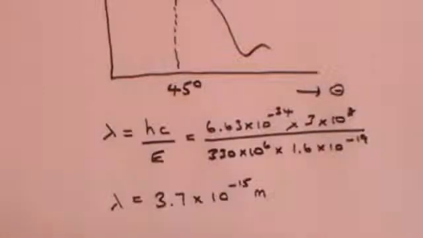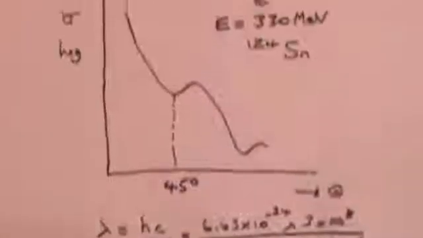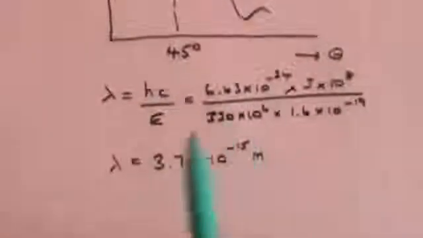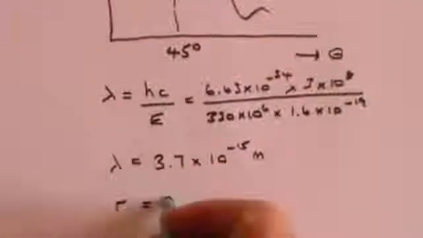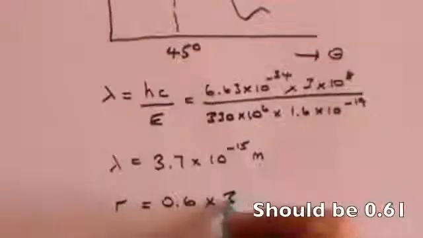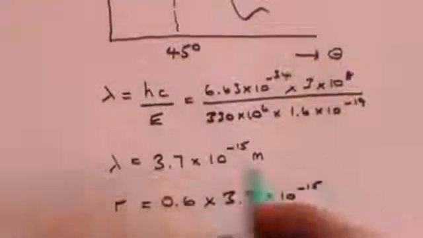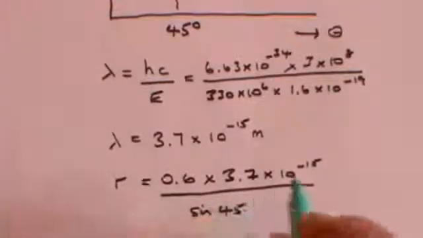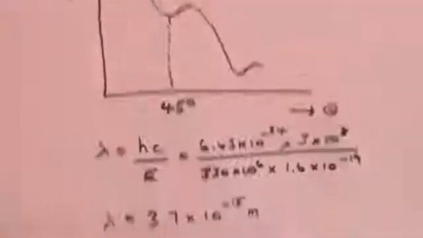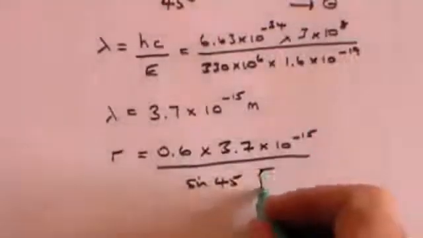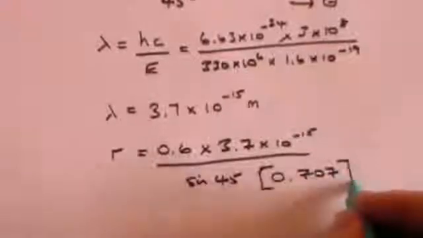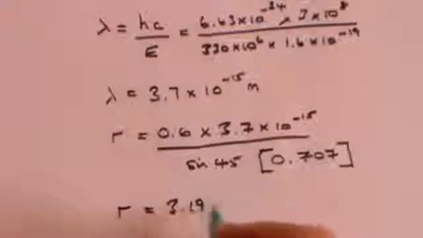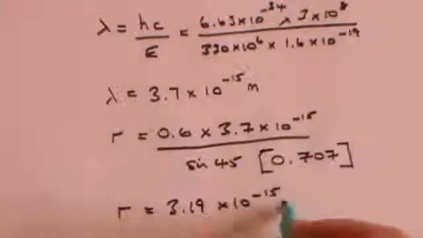And now if you substitute that lambda in this formula here, you'll get that R is equal to 0.61 times lambda, which is 3.7 times 10 to the minus 15, we just calculated that, divided by the sine of 45 degrees, because that was where you got the first minimum, and the sine of 45 degrees is 0.707, and that will give you a radius of 3.19 times 10 to the minus 15 meters.